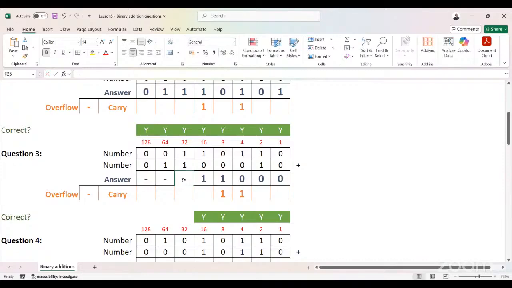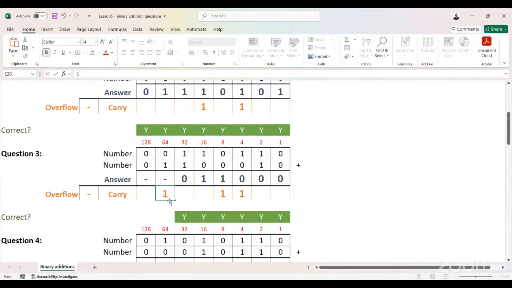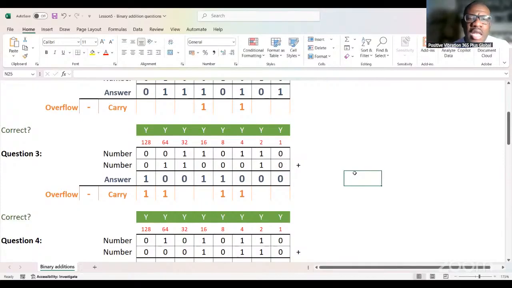Very good. And what about here? Put down the 0 and carry the 1. Very good. Fabulous. What about this one? Put down the 0 and carry the 1. Very good. And what goes here now? 1, sir. Fabulous. There you go.